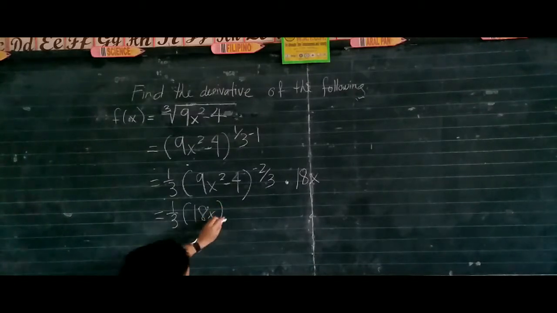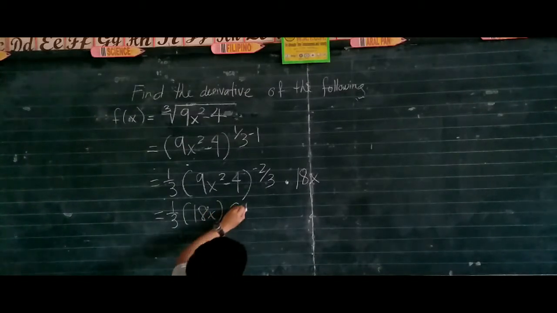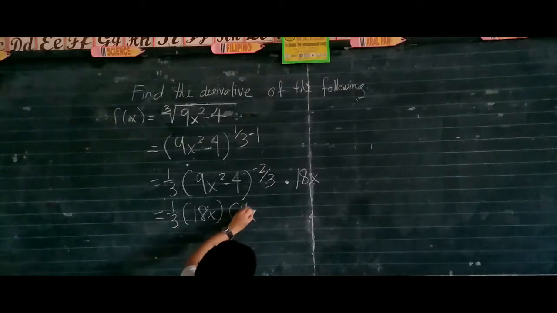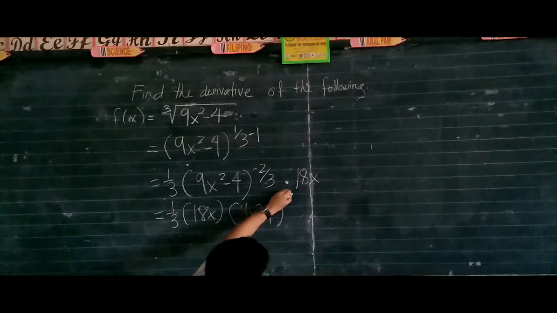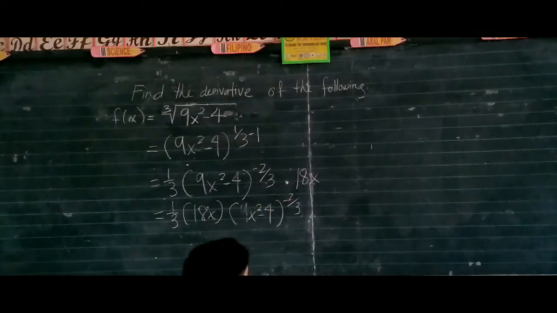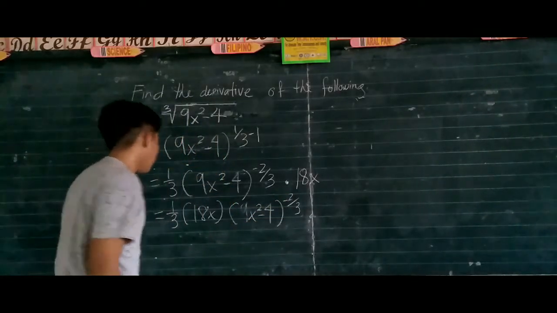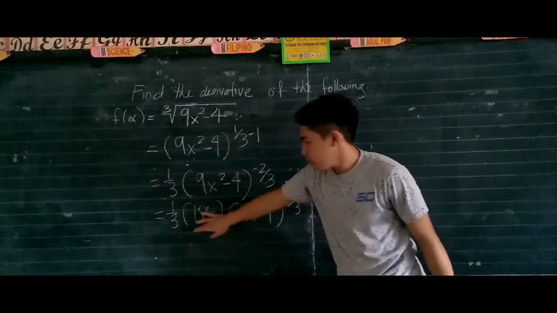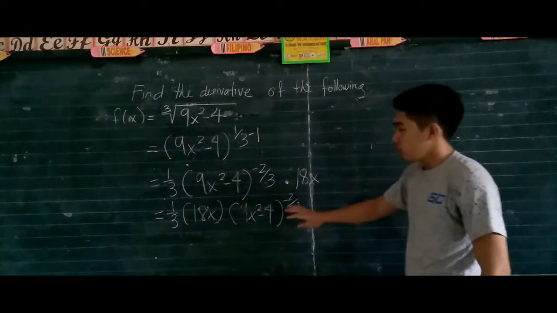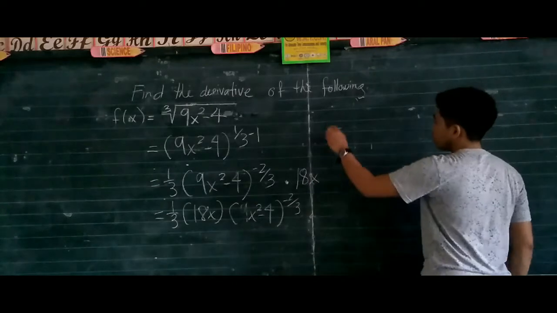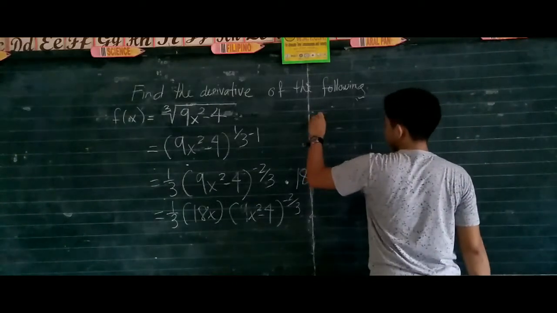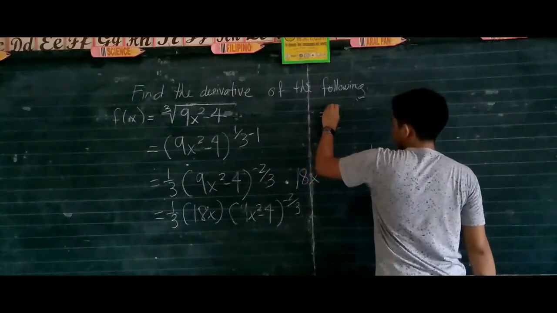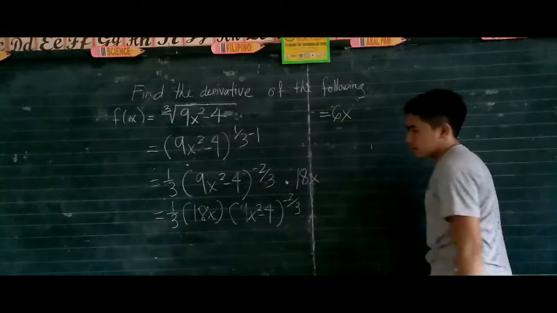Then simply copy. Okay. After that, you just have to simply multiply 1/3 to 18x. So 1/3 times 18x is equals to 6x.